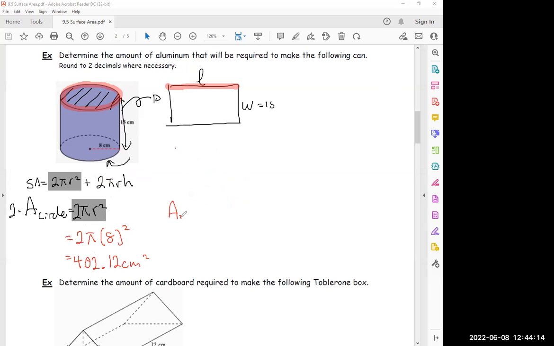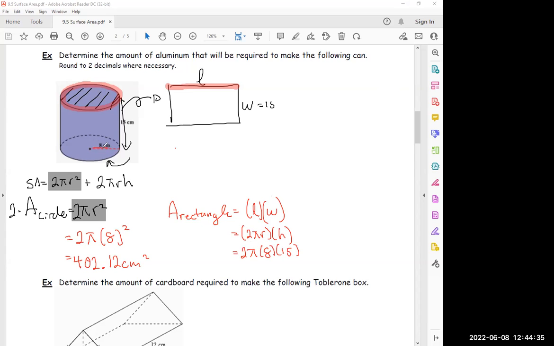The area of the rectangle, which you know is length times width, is the same as saying circumference times the height, which is 2 times pi times 8 times 15.